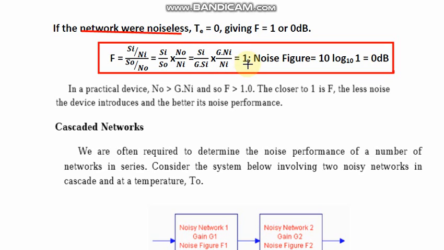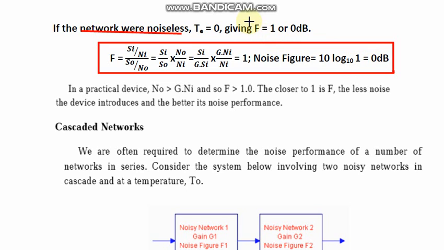Okay, so how can we say that the network is noiseless? A noiseless network means internally there is no generation of any equivalent noise temperature, due to which no noise signal will be generated. For a noiseless network, the noise factor will be 1, and if you take it in decibels, it becomes 10 log base 10 of 1, and we know that log 1 is equal to 0.